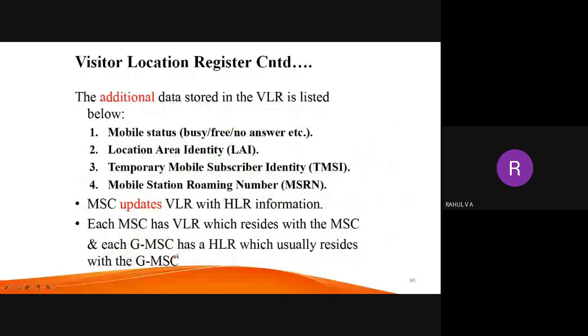Okay, what will be stored in the VLR is the mobile status, busy, free, or no answer, etc. That status will be stored. Then the location area identity, then the temporary mobile subscriber identity, and the mobile station roaming number. All these details will be stored in the VLR.